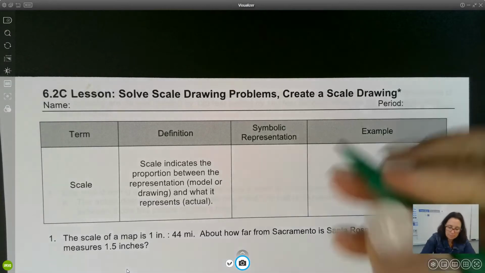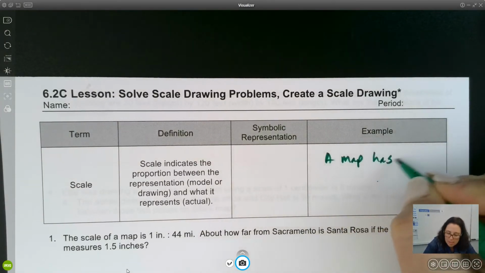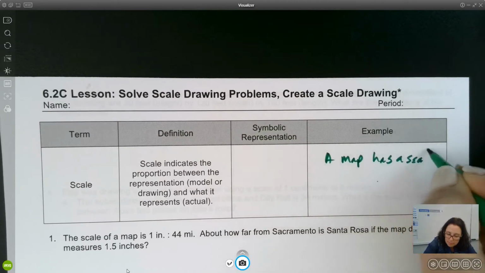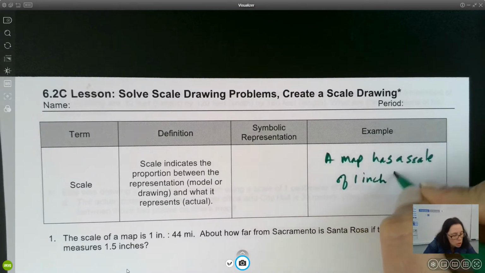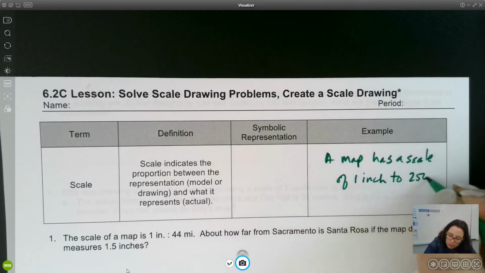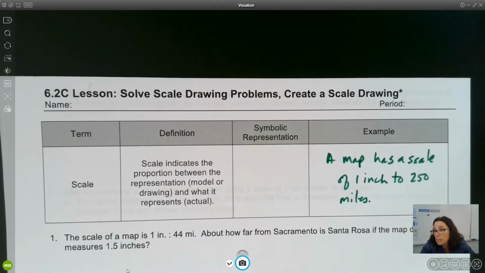So a map. A map has a scale of 1 inch to 250 miles, okay? And some of you may have seen a paper map before.